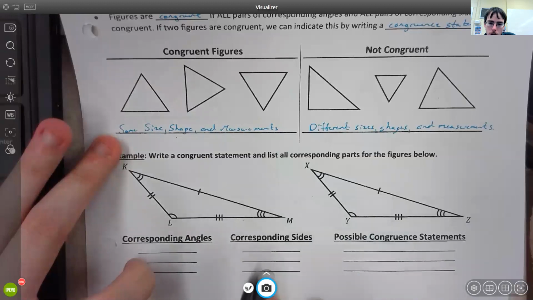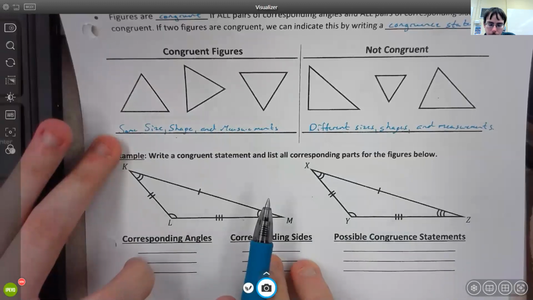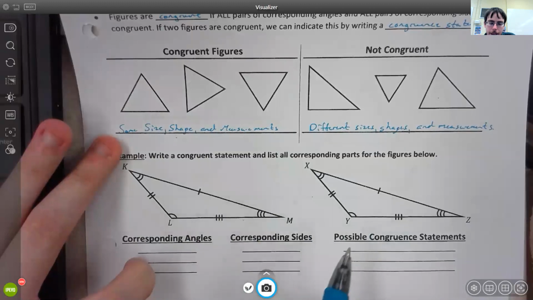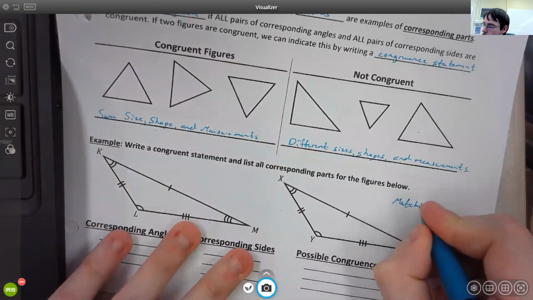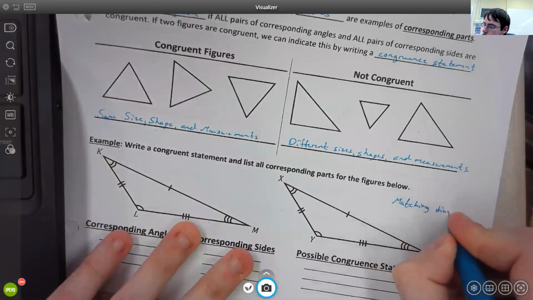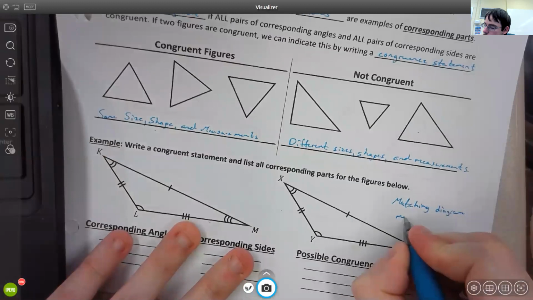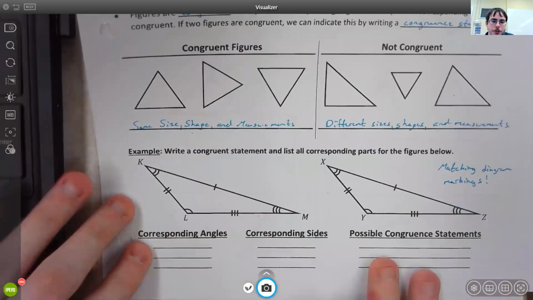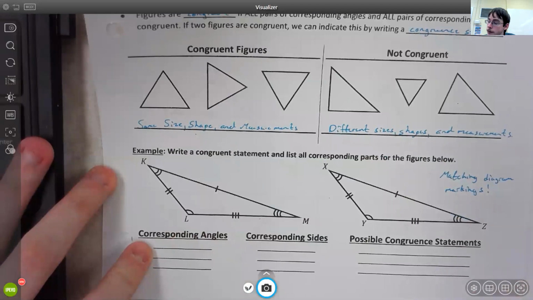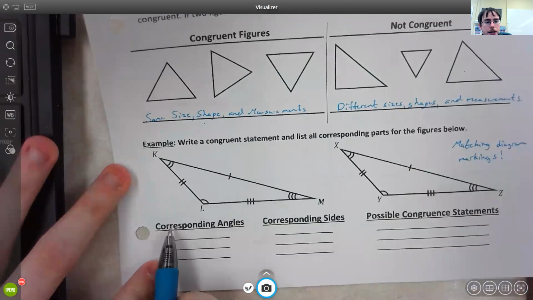The corresponding parts will be the ones that have exactly the same number of diagram markings. So we're looking for matching diagram markings. Matching diagram markings, okay?